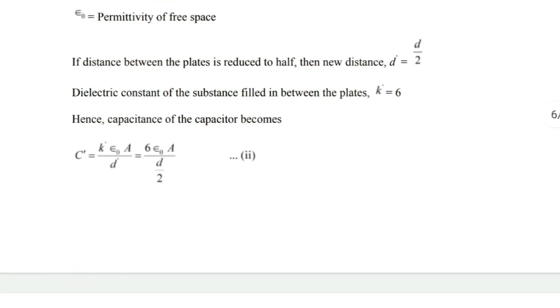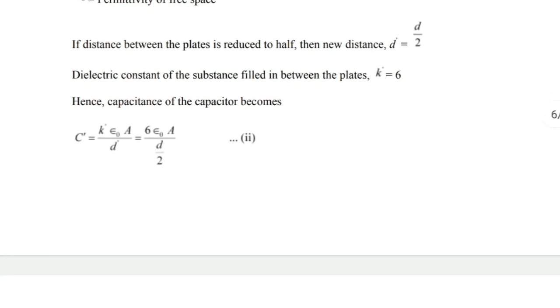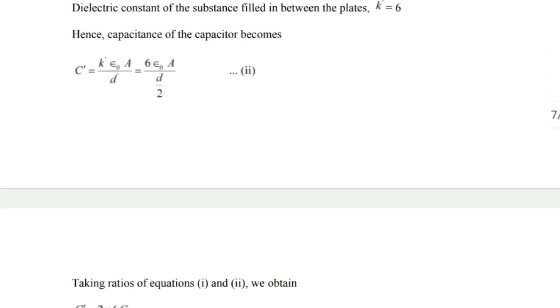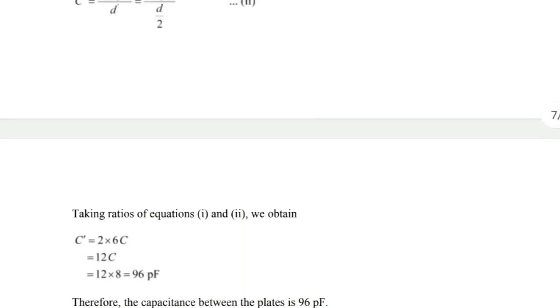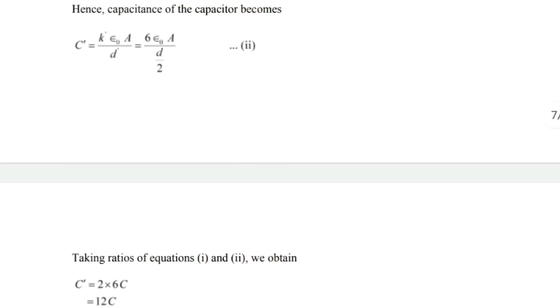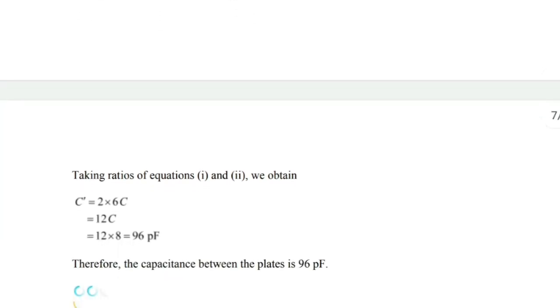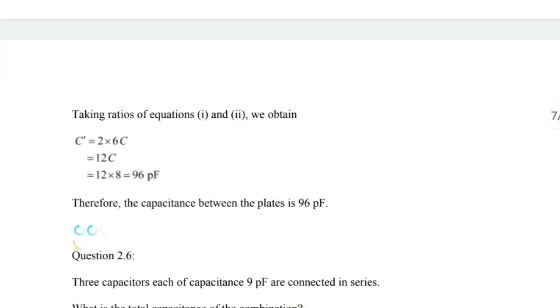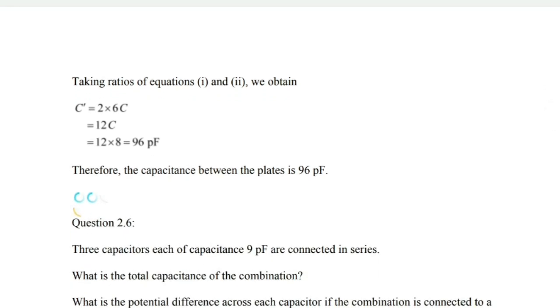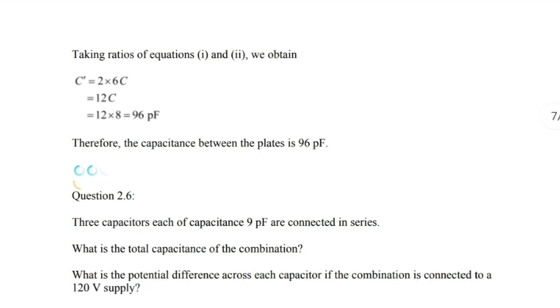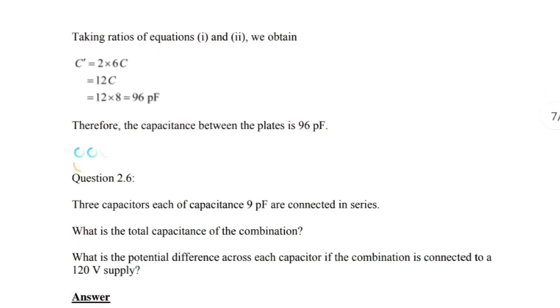So the new capacitance C dash is K times epsilon 0 A by D dash, which is 6 epsilon 0 A by D by 2. So it becomes 12 epsilon 0 A by D. Epsilon 0 A by D is nothing but C, that is 8 picofarad. So our answer is 12 into 8, that is 96 picofarad.